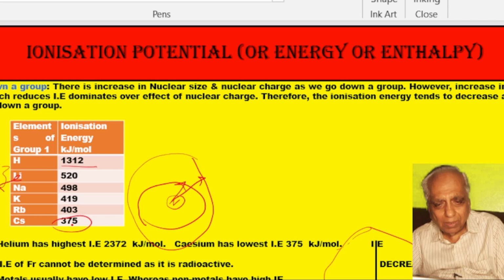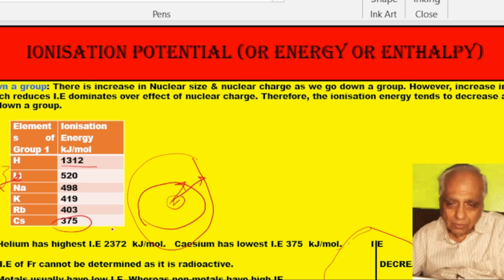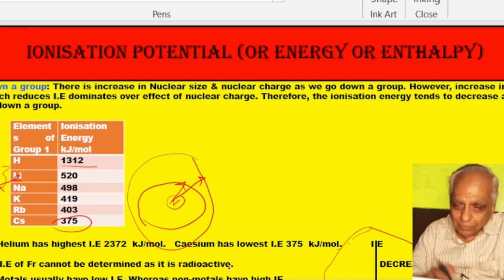Whereas halogens, which are non-metals, have 7 electrons. They want 1 more electron, so it is difficult to remove an electron from a non-metal. This is how you can remember it. I will tell you another trick for remembering at the end of the lecture.